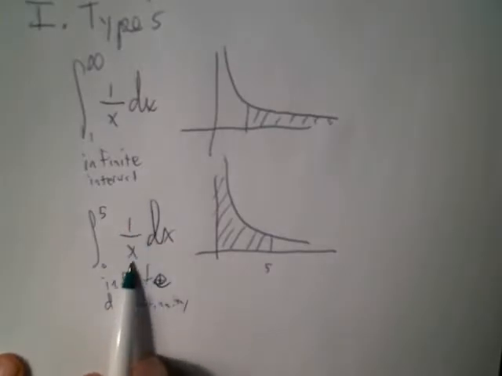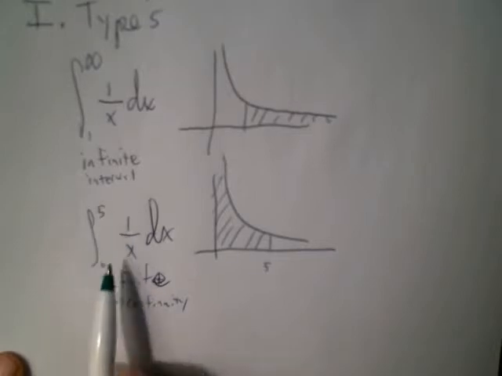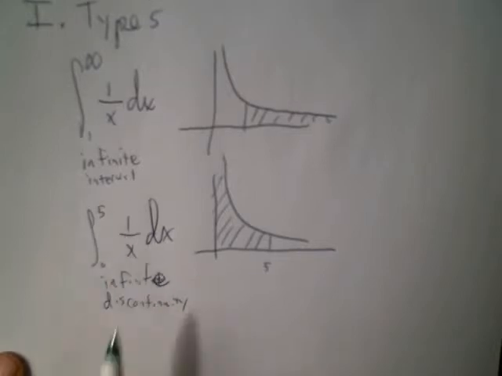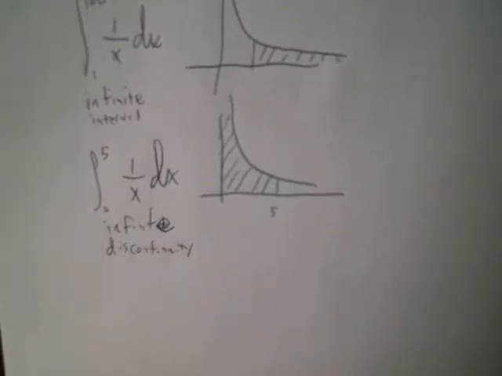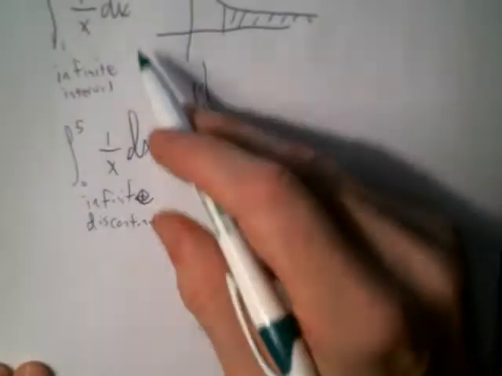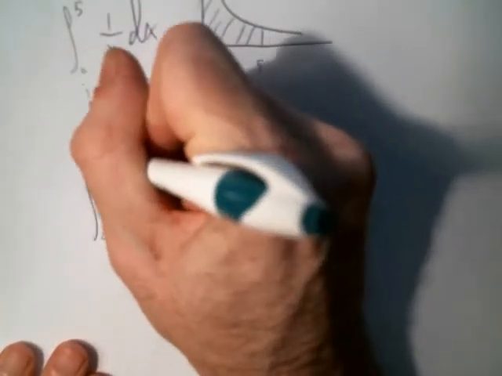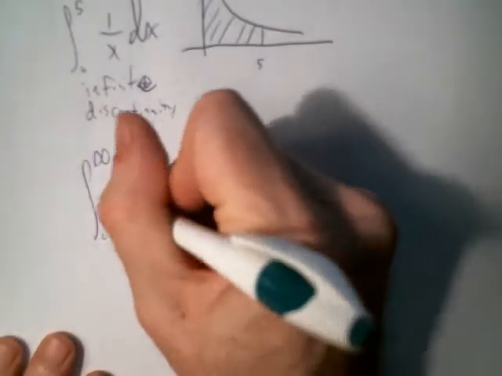This one you can tell is a discontinuity because within these limits, this thing will be discontinuous, which usually didn't happen back in the day. So we can have combos of these guys. We can have both an infinite discontinuity and then an infinite interval on top of it.